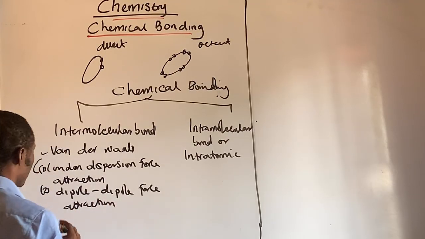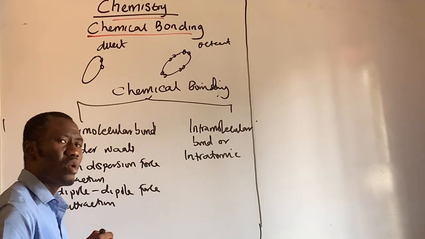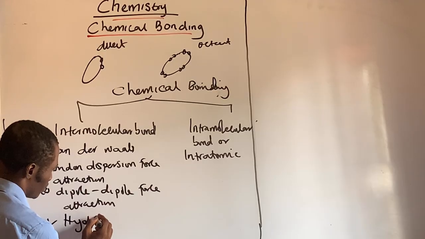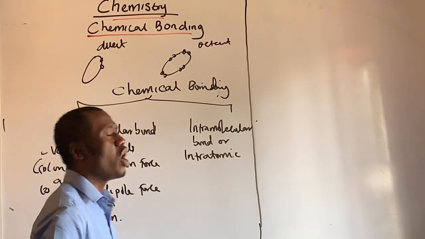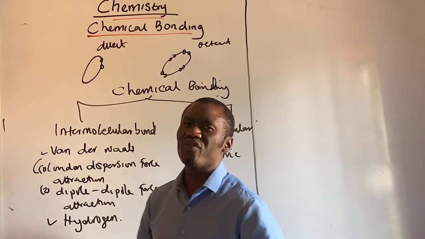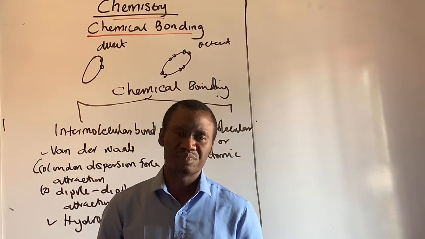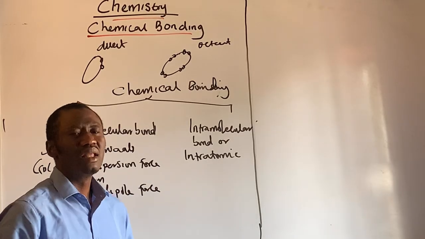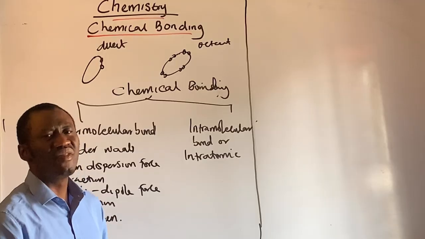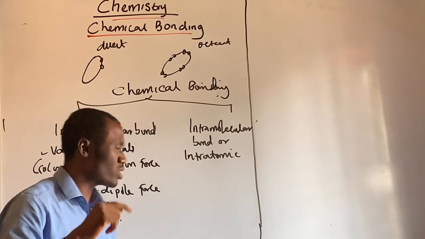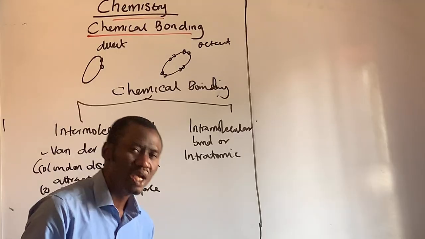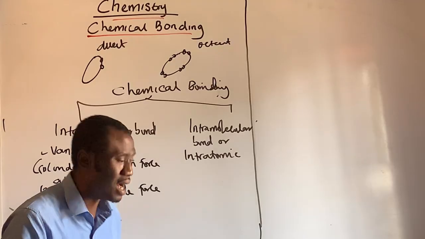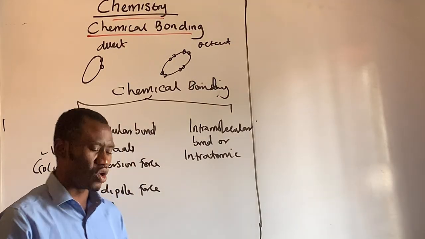Then, apart from that, we have the hydrogen bond. All these are examples of intermolecular force of attraction. Van der Waals force is the weakest of all the various types of chemical bonding that we have. Under the van der Waals force, the London dispersion force is weaker than the dipole-dipole force of attraction.